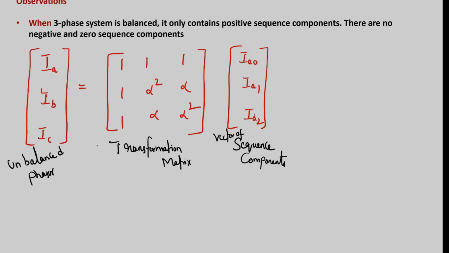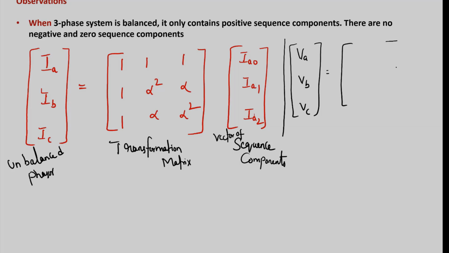So in terms of voltages, you can write it as VA, VB, VC, where VA, VB, VC are the unbalanced voltages. This has again the same matrix, 1, 1, 1, 1, 1, alpha square, alpha, alpha, alpha square, into the sequence components VA0, VA1 and VA2. Understand?